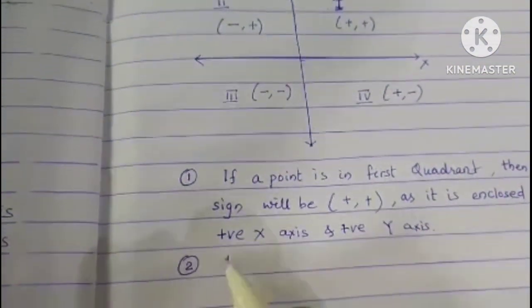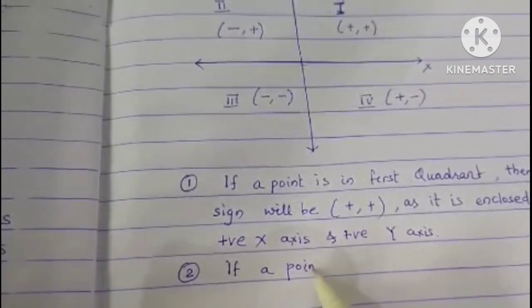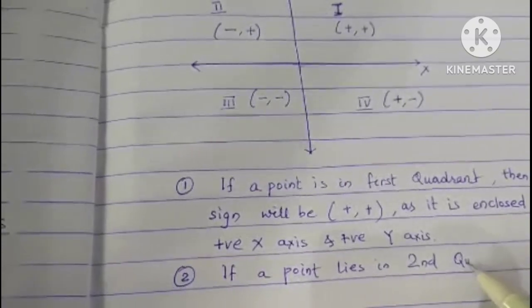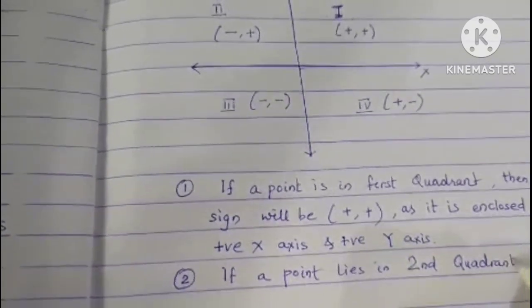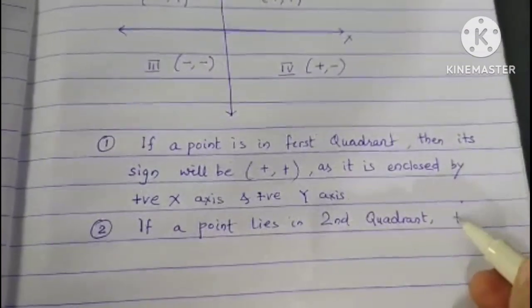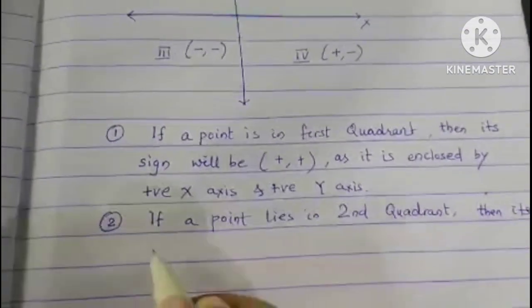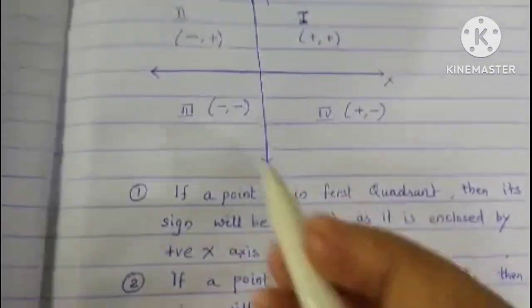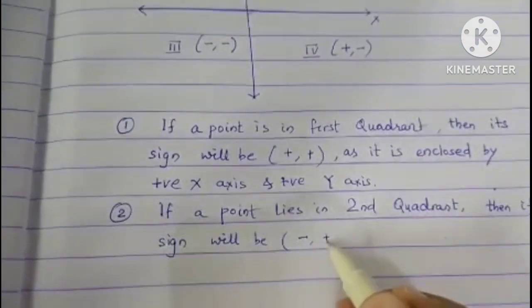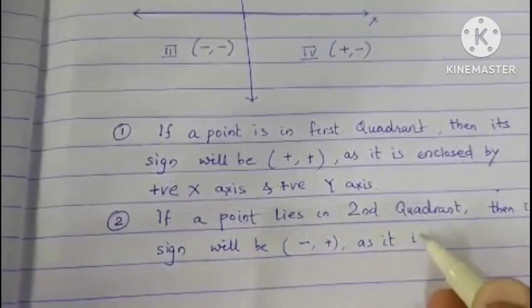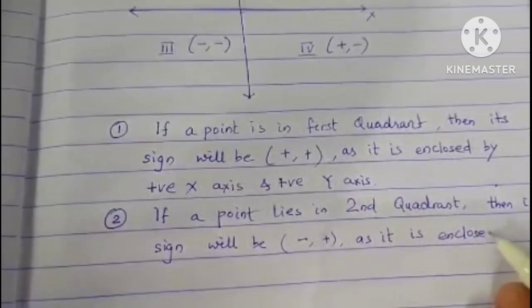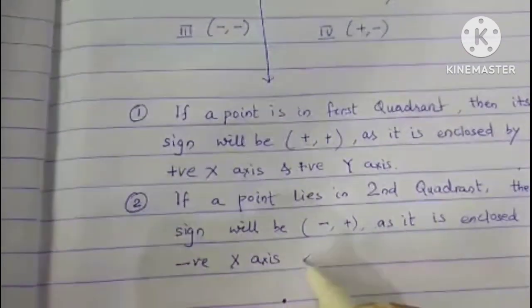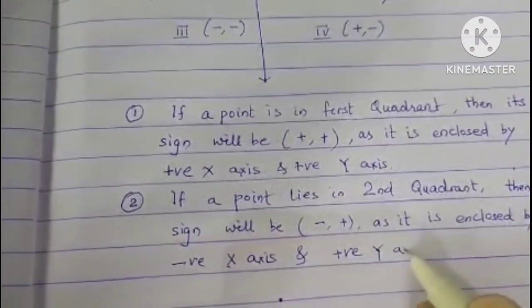Second, if a point lies in the second quadrant, then its sign will be minus plus, as it is enclosed by the negative x axis and positive y axis.